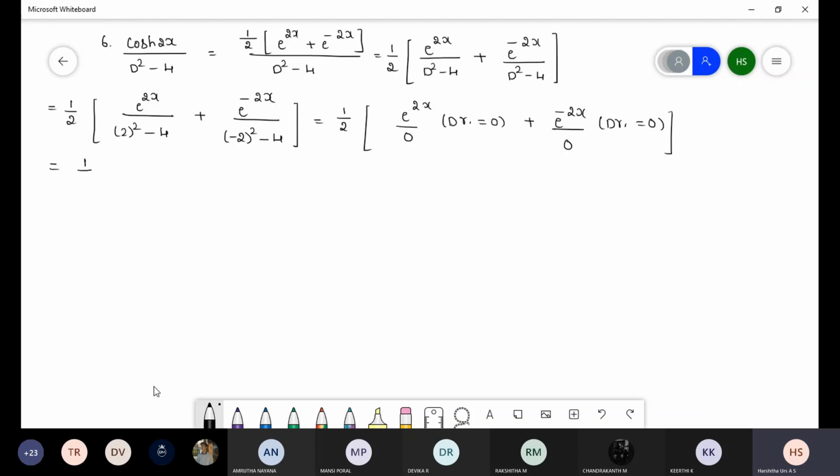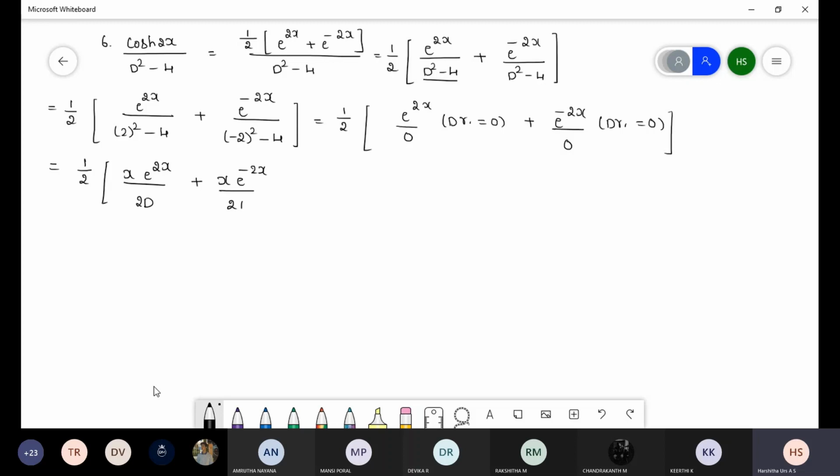That is equal to 1 by 2 into x into e power 2x. Differentiation of this d square minus 4. What is the differentiation of d square minus 4? 2d. Yes, plus x into e power minus 2x.